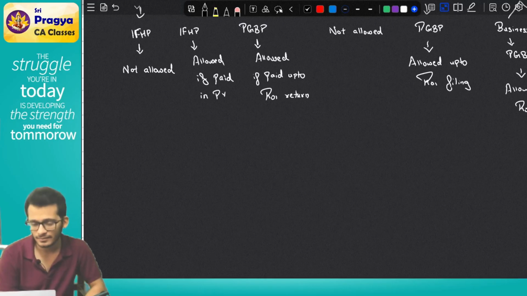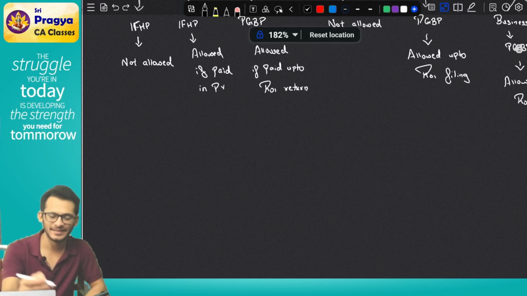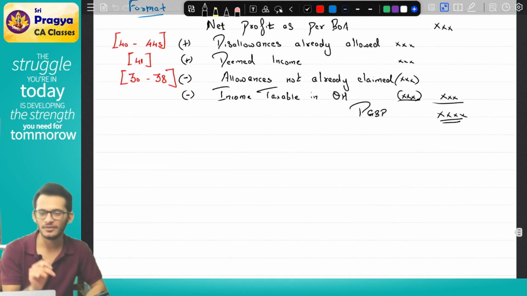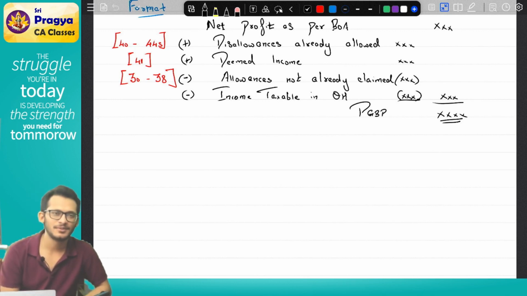Writing off an asset. You would have learned it in accounts, right? Where they say that depreciation is where you are writing off an asset because of wear and tear, technical obsolescence, passage of time.